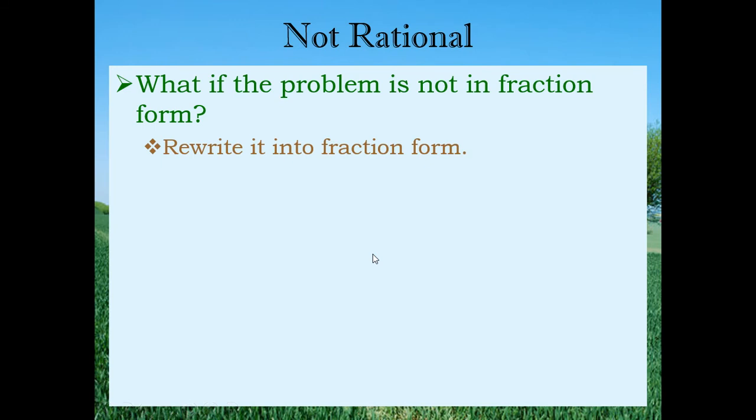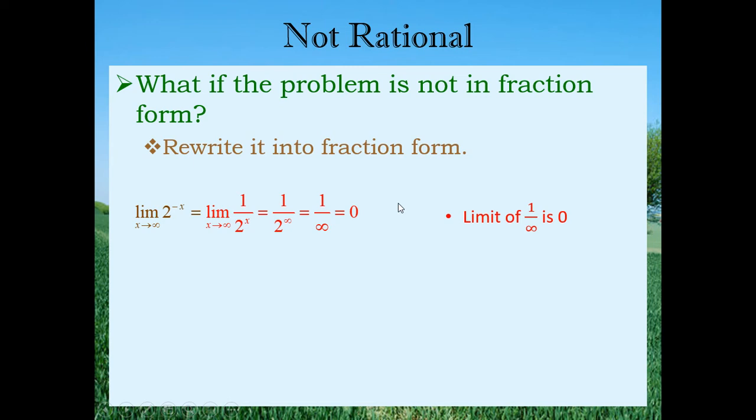What if the problem is not in fraction form? Well, then simply rewrite it in fraction form. So if I have something like this, limit of 2 to the negative x power as x goes to infinity. Well, 2 to the negative x is the same as 1 over 2 to the x. And then 1 over 2 to the infinity, well, it's 1 over infinity. That's going to equal 0.